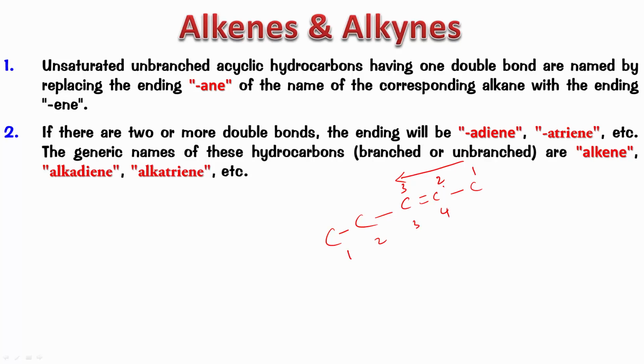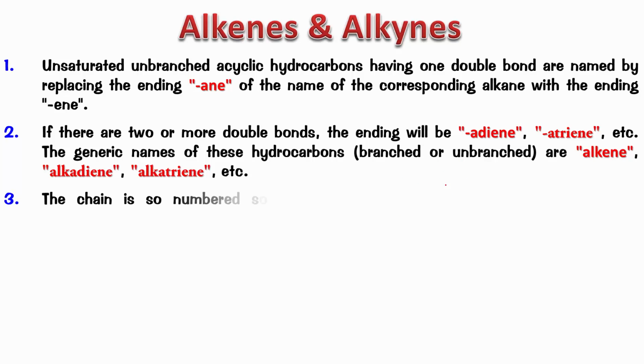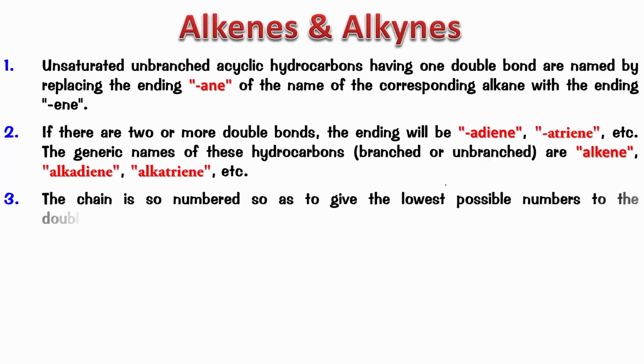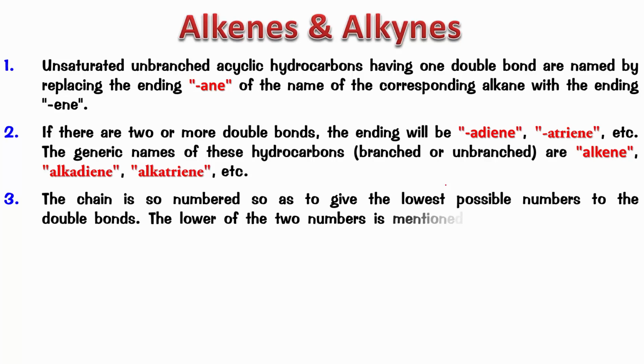And we mention only the lower of the two numbers. So the chain is numbered so as to give the lowest possible numbers to the double bonds, and the lower of the two numbers is mentioned before the name of the alkene.